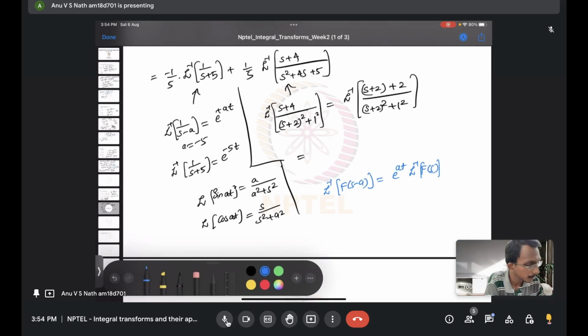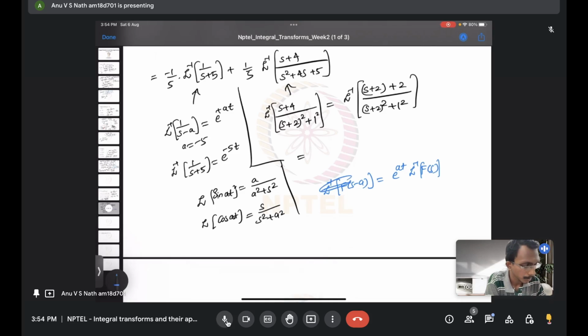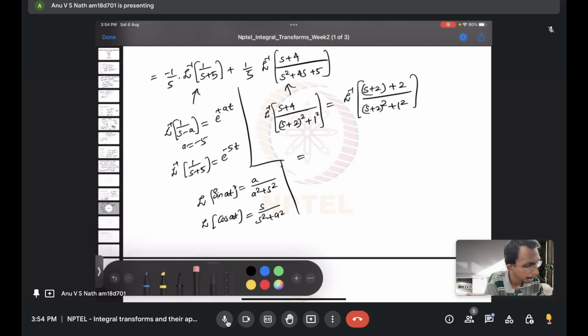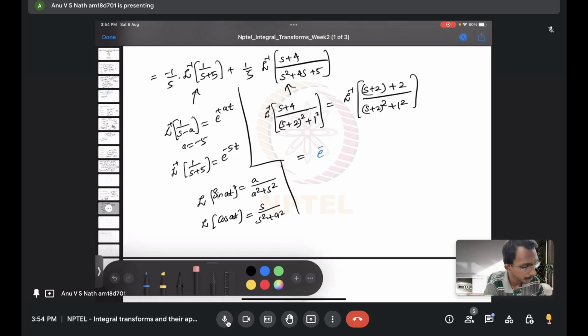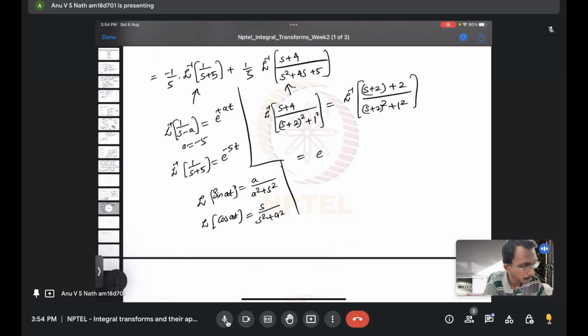So according to that, it is e power minus 2t times Laplace inverse of s plus 2 divided by s square plus 1 square. So we have to separate again.